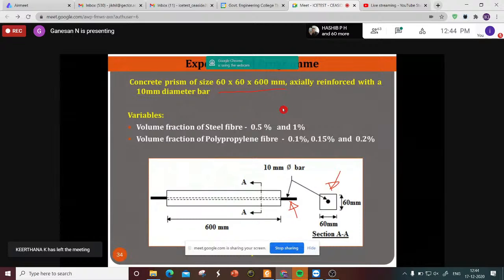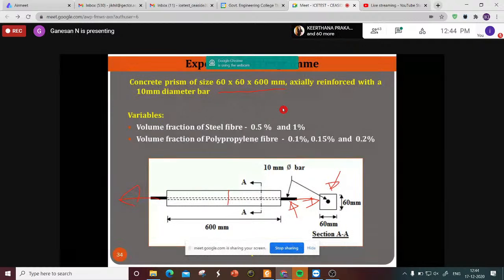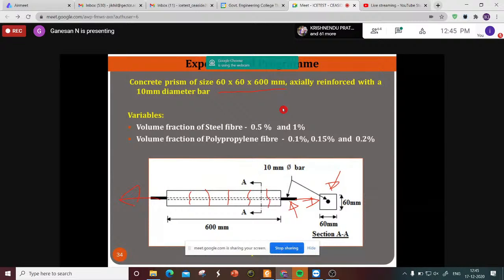We simply pull the steel here and here, and tensile load will be applied. Once you apply tensile load, naturally the first crack will appear as and when the tensile strength of concrete is exceeded. Subsequently, another crack will appear, and another. That depends on the spacing between the cracks and so on. We will come to that.